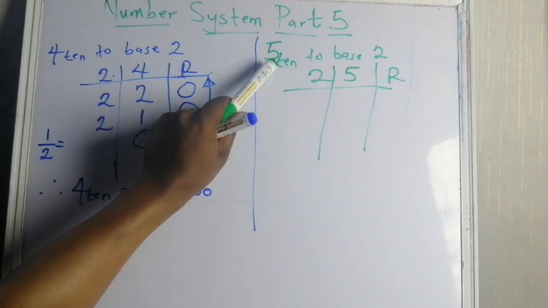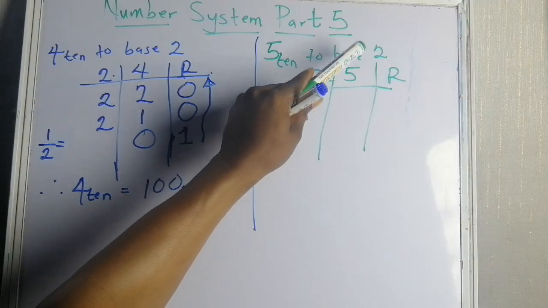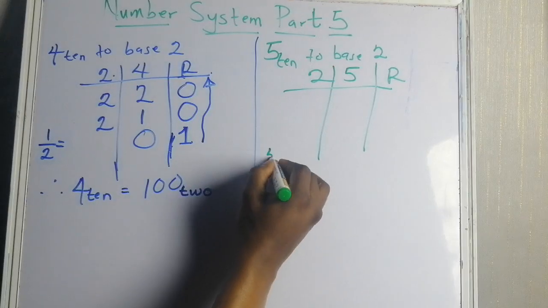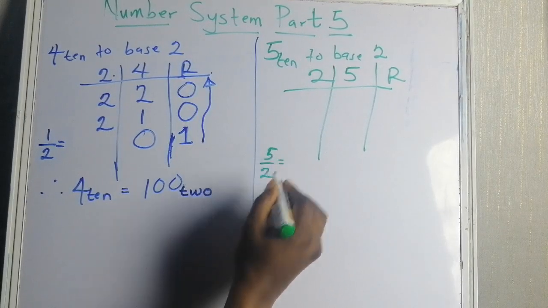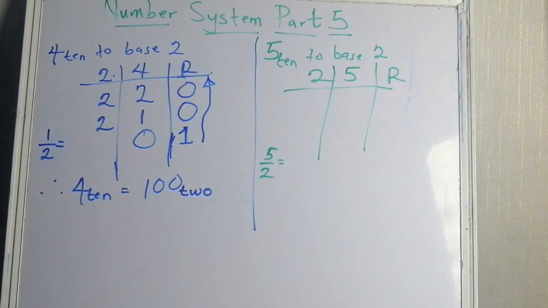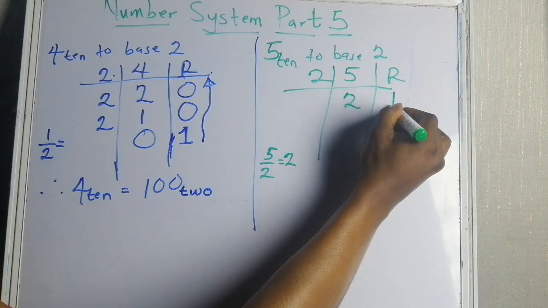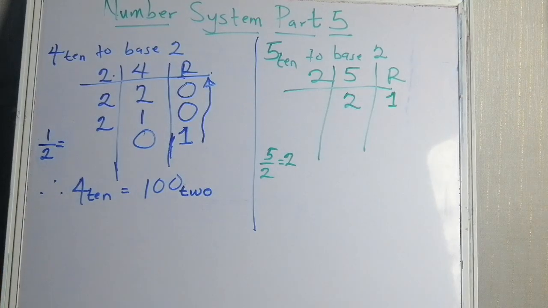That is your 5 in base 10, then you have your 2 that you're converting to. So 2 in 5: 5 divided by 2. 2 can only go in 5 in 2 places, but it will remain what? 1. So 2 in 5 is 2, remainder 1. It's very simple.